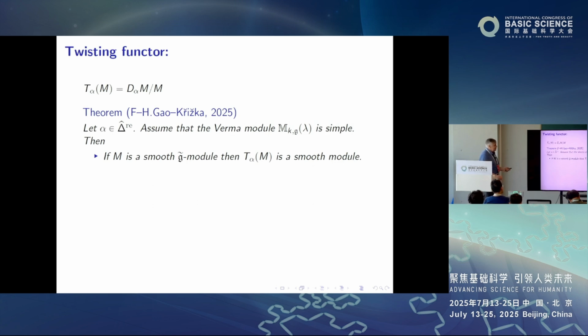So T alpha, where alpha is any positive real root, preserves the smoothness. We can control the simplicity. If M is simple, we know exactly when T alpha M is simple. So there is a criterion. And if it's not simple, then it has a finite length. So it's a very interesting property.